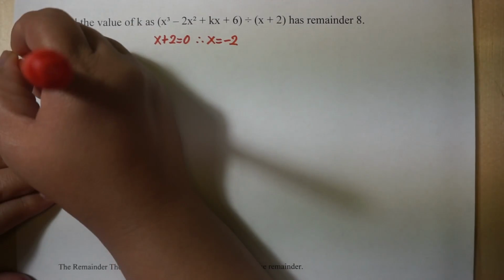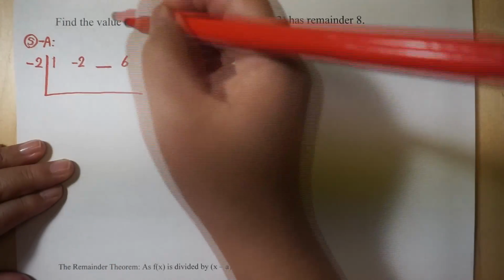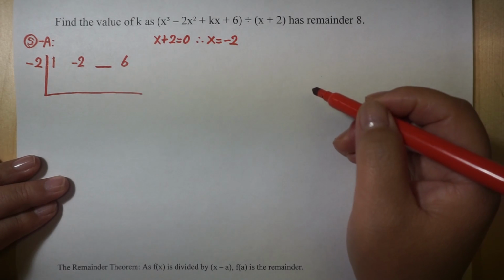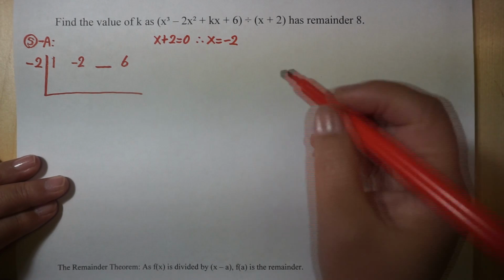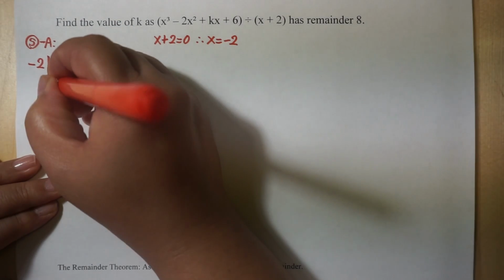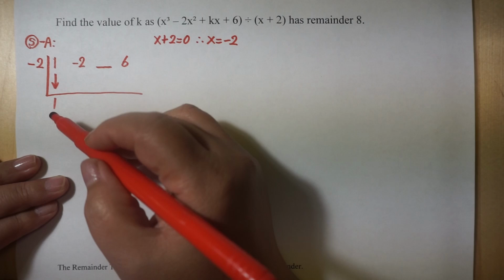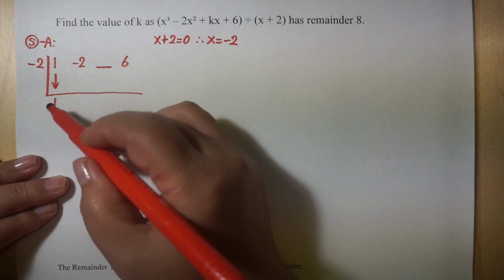So we're going to use negative 2 here. So what we have to do next, we always have to bring down the first number here. So this time it's 1, but it depends on the problem. This number is going to be a different number.